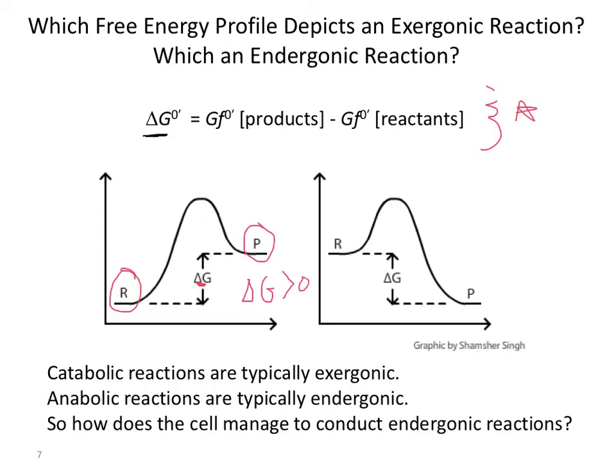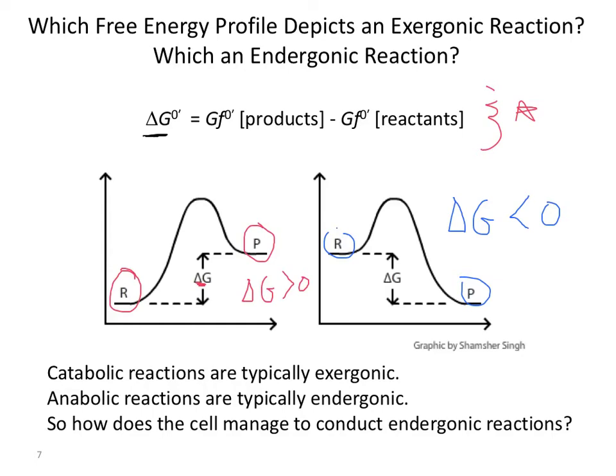Whereas over here on the right, here are the products and here are the reactants. The products clearly have a lower value than the reactants do. So here you're going to end up with a delta G value that is negative, that is less than 0. It's negative. So what does that mean?